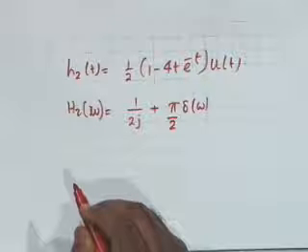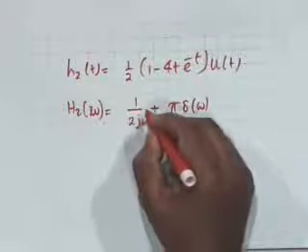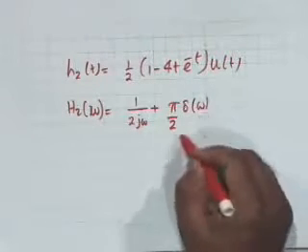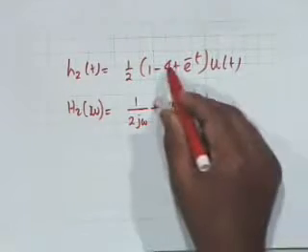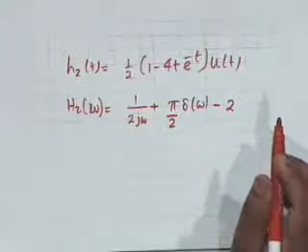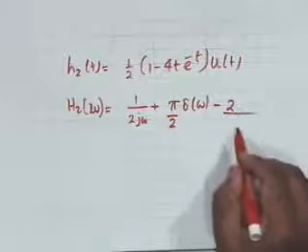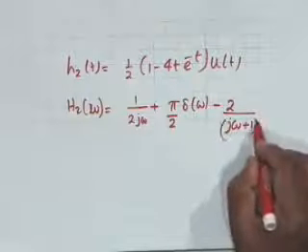Is that correct? 1 over 2j omega, that is correct. Is this okay? Pi by 2 delta omega? Alright. Then minus 4 by 2 is 2, and t e to the minus t, that means j omega plus 1 whole squared.